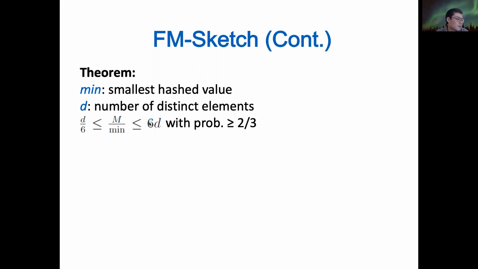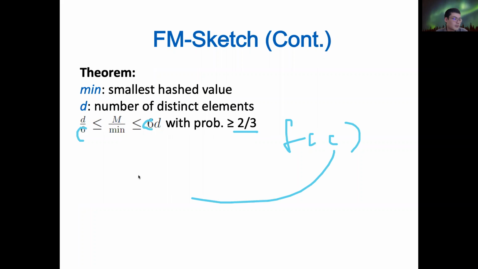So here 6 is just a constant. We can replace 6 with any C that can make it very close to 1. It's like 1 plus epsilon. We can show some similar theorem. It's just that now if it's 6, we will show that the probability is larger than 2/3. If it's some C, then it will be a function of C, which is again a constant.